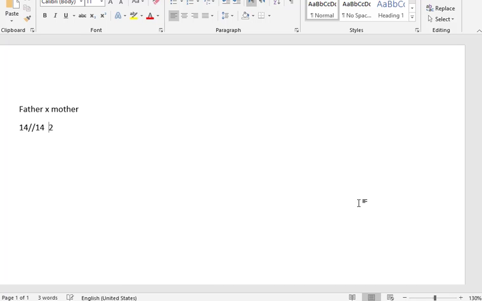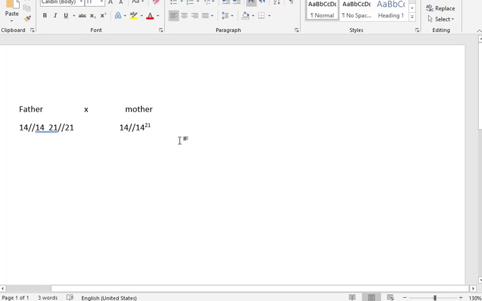And he has 21 double dash 21. While the mother, she has one normal 14, the other 14, but has a 21 above it. And she has a 21 alone.